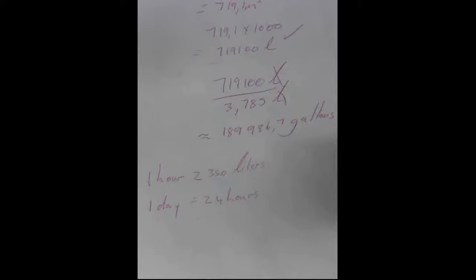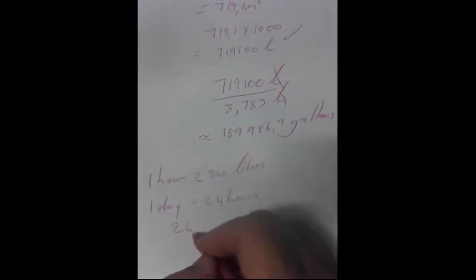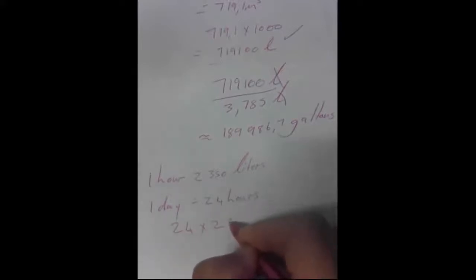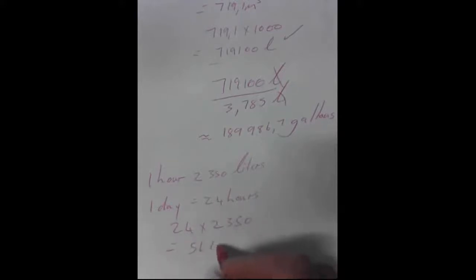So you multiply that by the 24, you multiply 24 with 2,350. And what do you get? If you multiply out, you get 56,400 liters that will flow in a day.